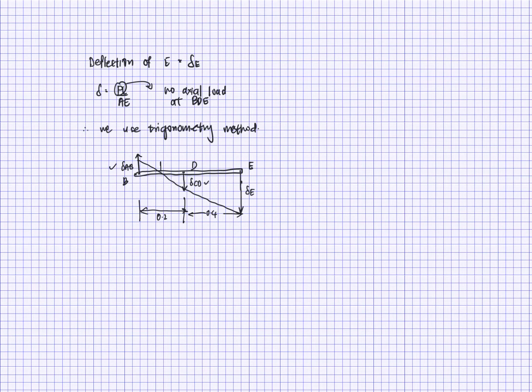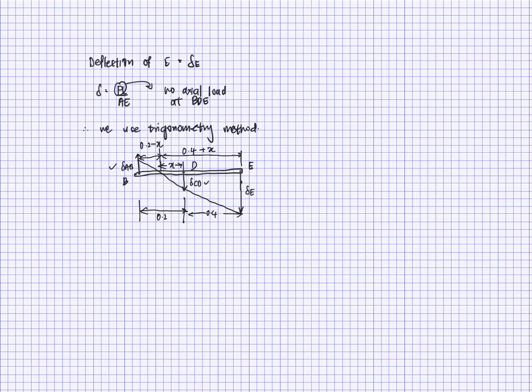We assume the distance here is x and the distance here is 0.2 minus x, and from here to here is 0.4 plus x. Okay, make sure you can clearly see the distances, right?